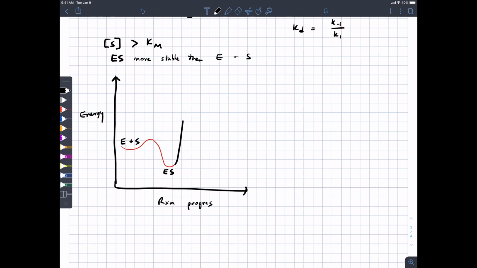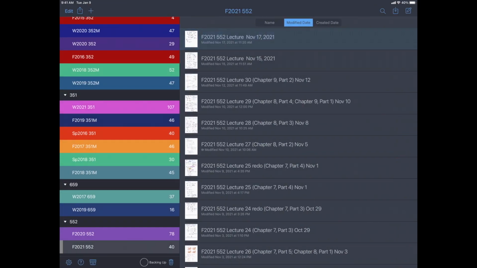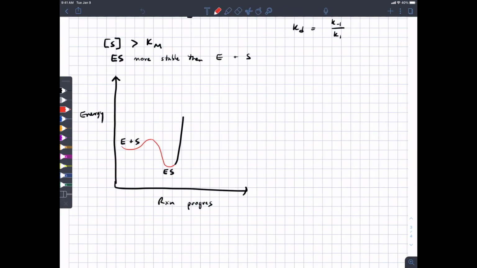And then there's some, oh no. Then there's some transition state. This is the enzyme substrate transition state. Then there would be some enzyme product complex, and then presumably enzyme product dissociation.